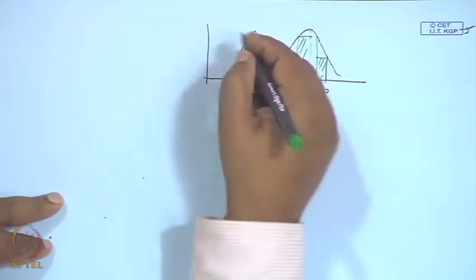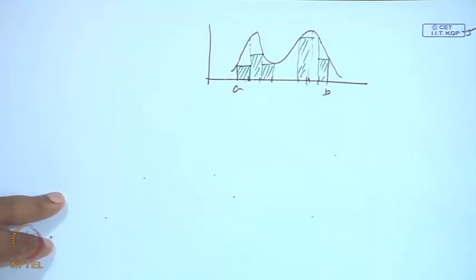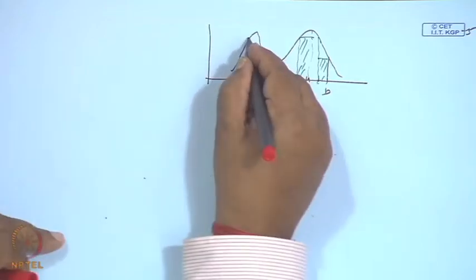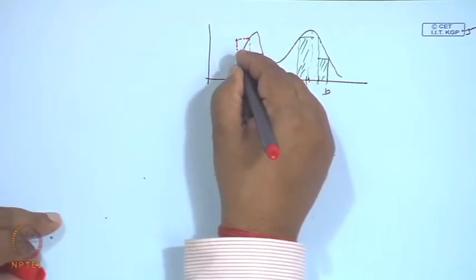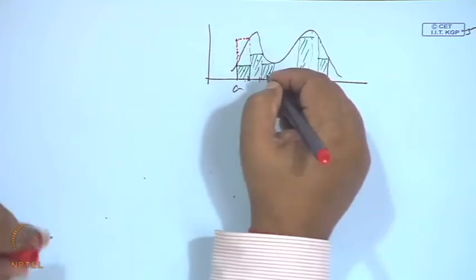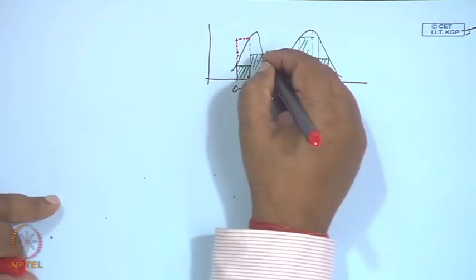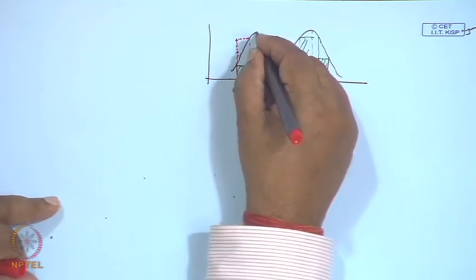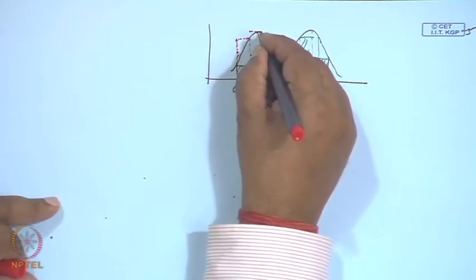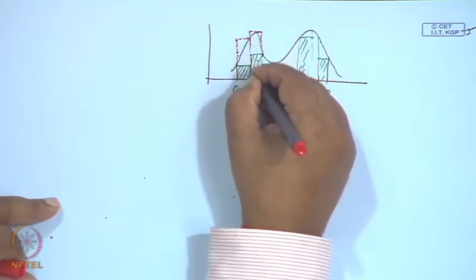And what is the upper sum? The upper sum in this case will be this much. The lower integral will give this, and the upper sum will give this part. So, in this interval the upper sum is this, and we can continue like this.